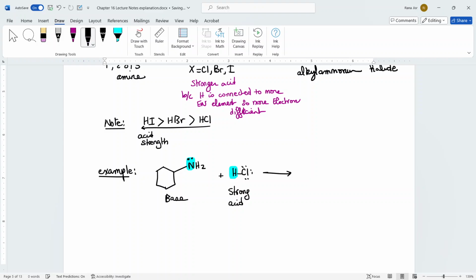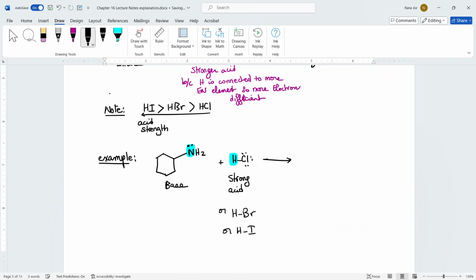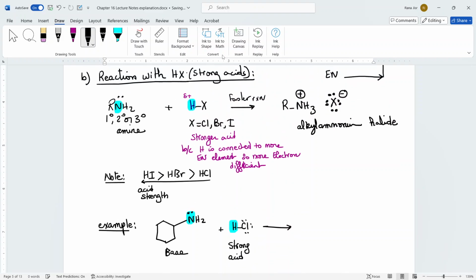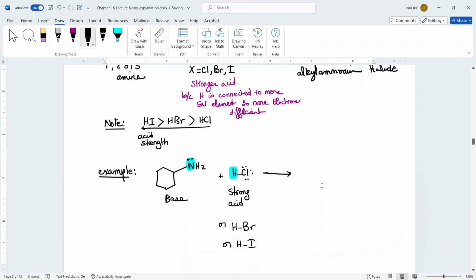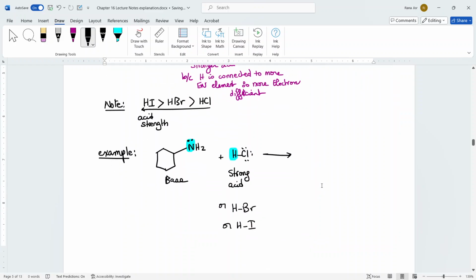We can do either HCl, or we can do HBr, or we can do HI, guys. Whatever strong acid you use, the reaction can happen, but the only difference is going to be in the negative charge ion that you are going to form. Whether you use bromine, chlorine, or iodine in the acid, doesn't matter.